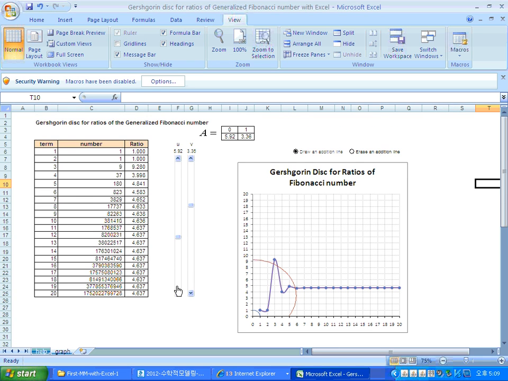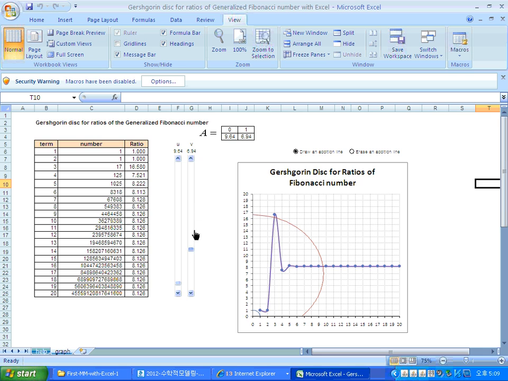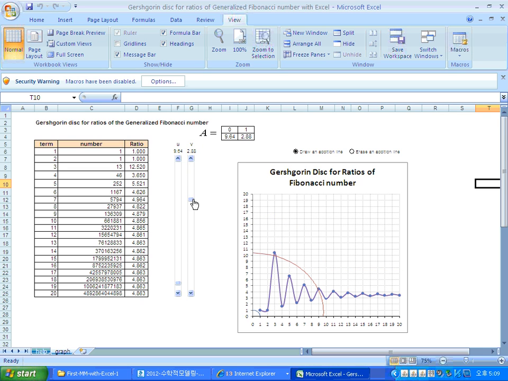Okay, from here, if we change this U, then you see how this largest eigenvalue changes, and also how the number that this sequence converges to changes. You see how it changes when it moves. Changing this makes a change in the center of this Gershgorin disk, and when you change this, it makes a change in the radius of these Gershgorin circles.